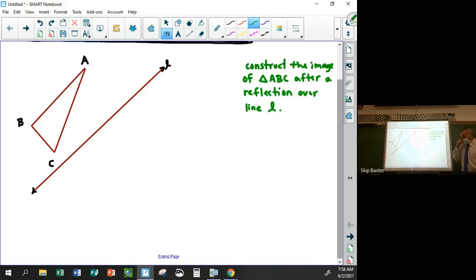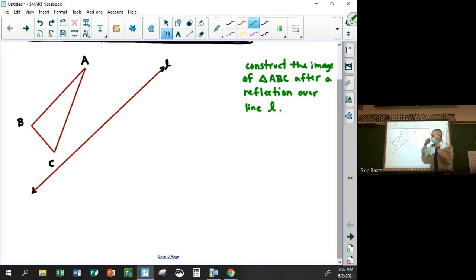If you remember how we constructed the line of reflection the day before break, that construction was with the understanding that the line of reflection is perpendicular to the line that connects a point and its image. So essentially we're going to take this point, construct a perpendicular line that goes across line L, and then copy that distance to get A prime.